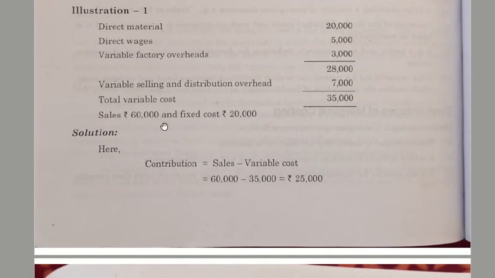They have given sales of 60,000 and fixed cost of 20,000. The formula to calculate contribution is sales minus variable cost. So sales is 60,000 minus variable cost of 35,000. You get 25,000 as your contribution.